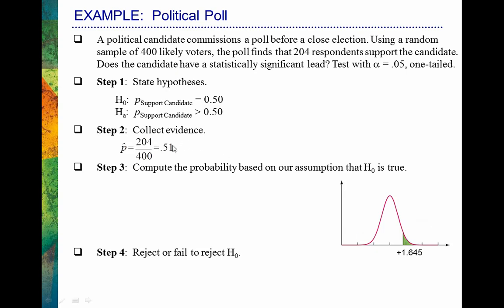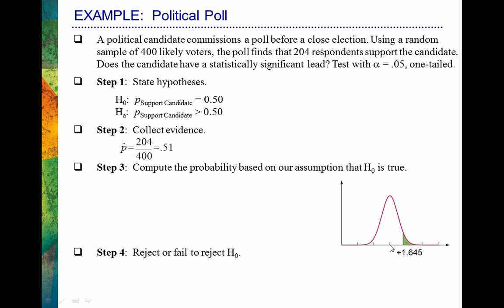So now we need to figure out where a proportion of 0.51 is in this distribution. Right in the middle, we have a z-score of 0, and that represents where we'd have that population proportion of 0.50. Because remember, this distribution of sample proportions is always created based on the idea that the null hypothesis is true, and that the true population proportion is 0.50.